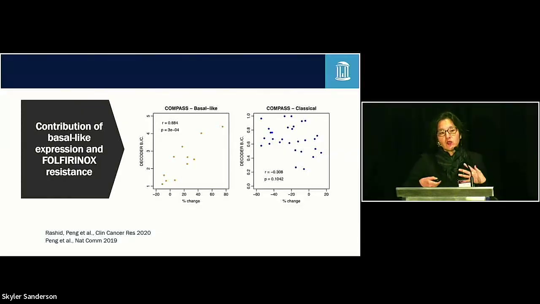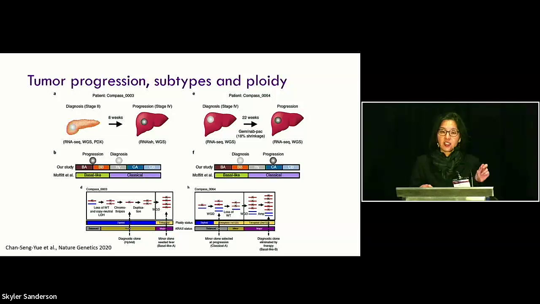The more basal content you have in your tumor, the more resistant you are to FOLFIRINOX therapy. And actually, Fayez Nada's paper showed hints of this. In the panel on the left side, he's showing that at diagnosis, they had a classical tumor in the pancreas.